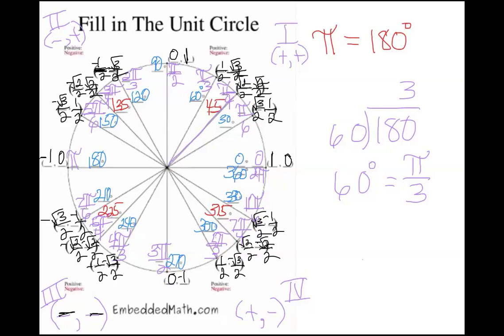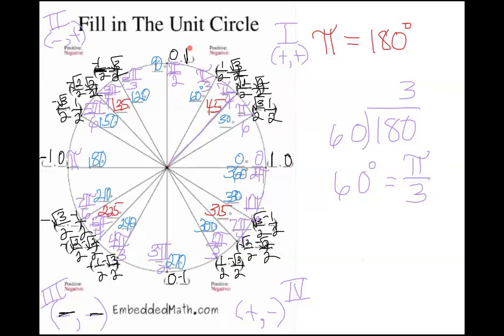So what this tells us is that the cosine of 0 is 1, and the sine of 0 is 0. The cosine of 90 is 0, and the sine of 90 is 1. Because remember, cosine is the same as x, sine is the same as y.